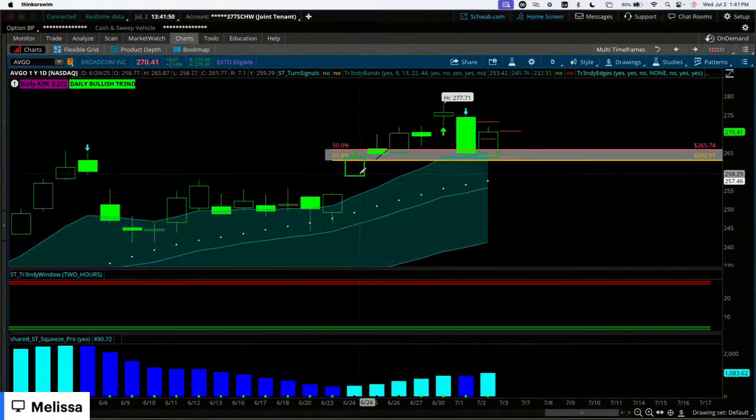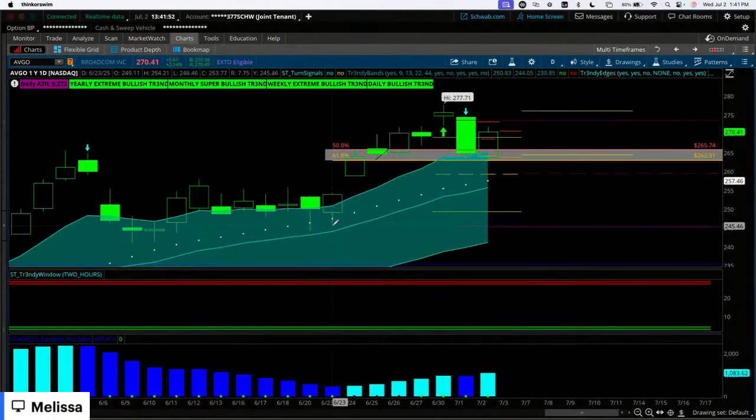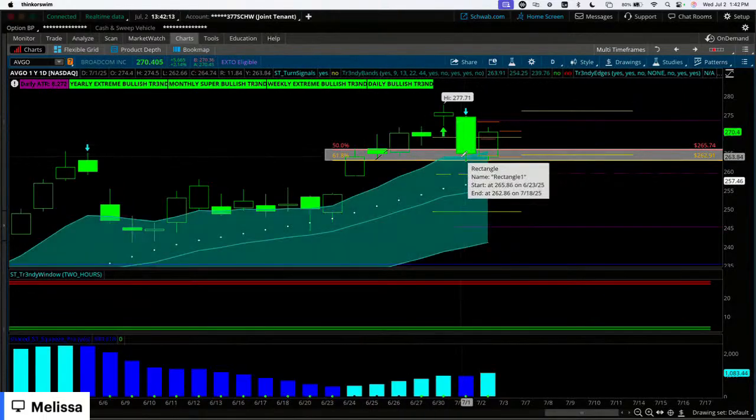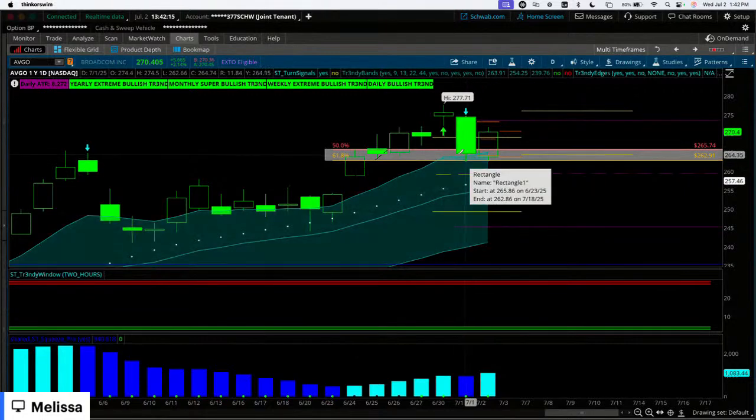And how, if you look at the up move here, I measured from where this candle closed on the 23rd of June because we got a gap up and then continuation move up. So I measured this move here to identify the golden pocket. Yesterday, price pulled right back into the golden pocket.